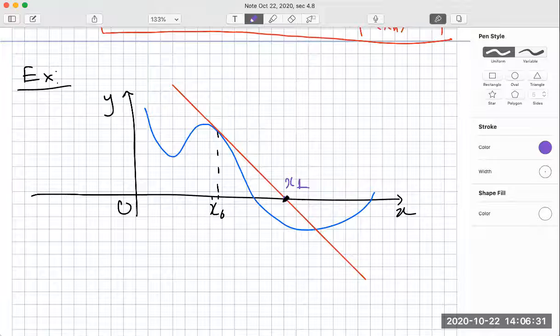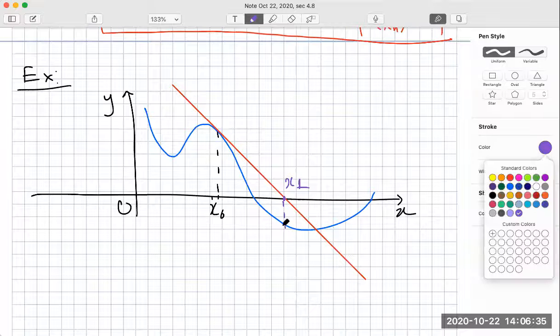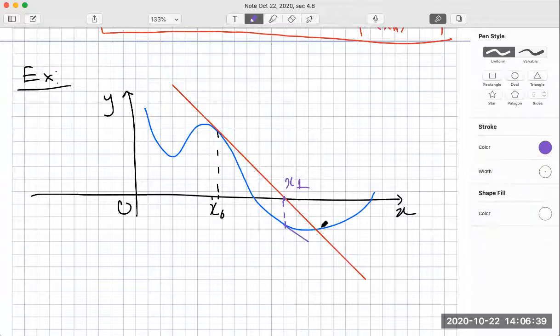And the tangent line of this guy will be the line that touches the line here.